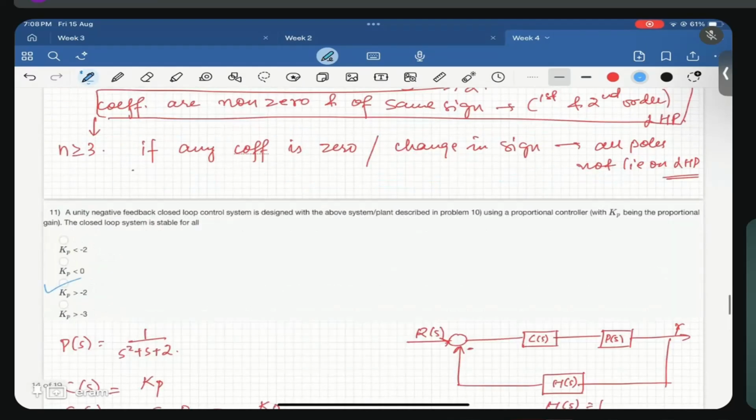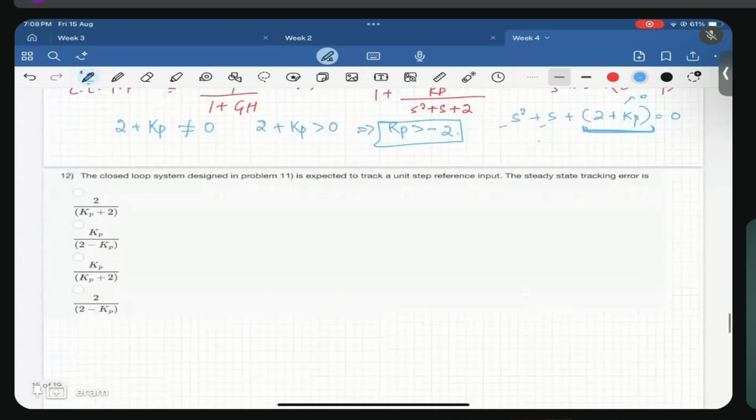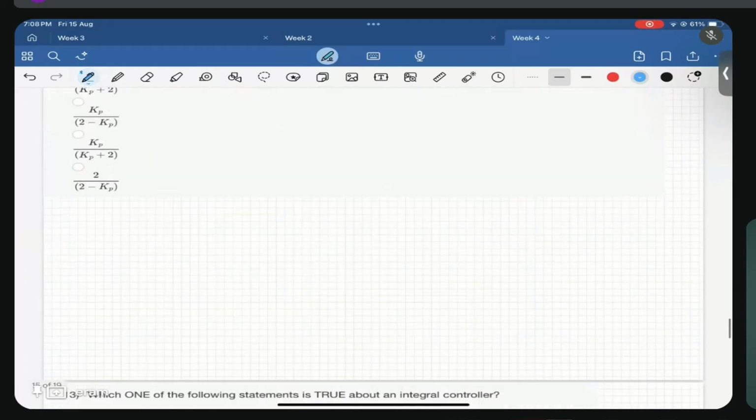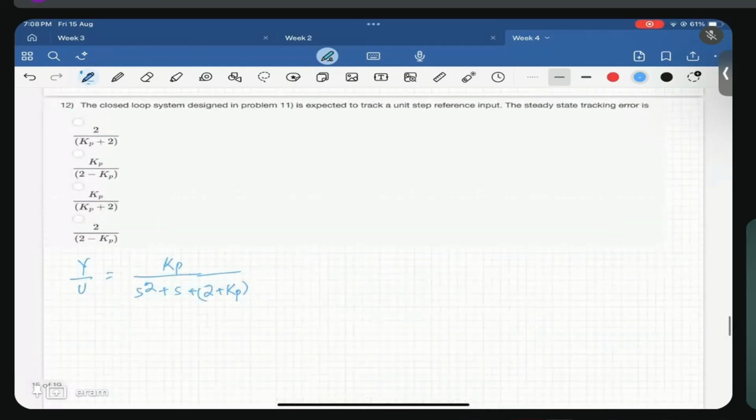We have just designed the closed loop system, which is given as Y by U equals Kp by s square plus s plus 2 plus Kp. What is the steady state error if U is a step input? U is 1 by s. Calculate the steady state error.